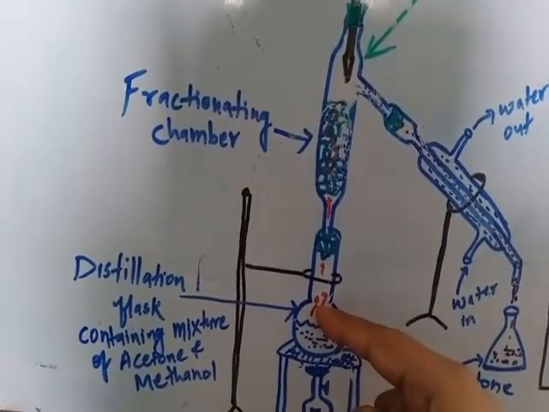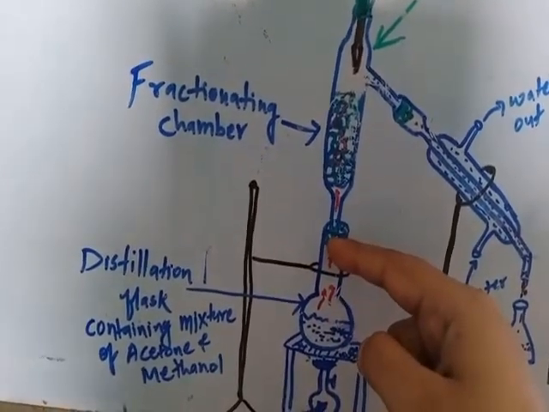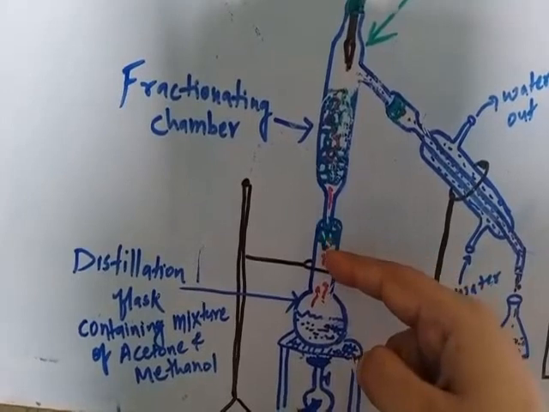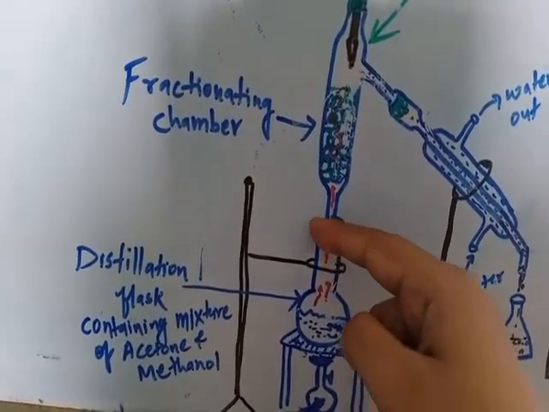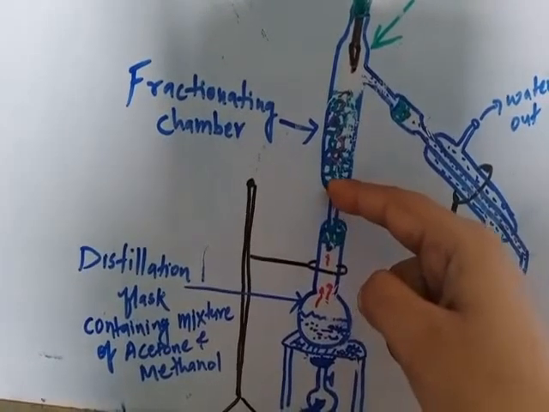So when both the acetone and methanol vapors rise upward together, the temperature gets lower as they move upward.